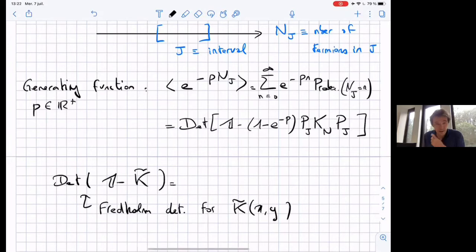Now, the way you define it is just a generalization of the determinant to a kind of infinite matrix. So the way you do that, you usually exponentiate it. You say that it's exponential of the log of the determinant, and then the log of the determinant is the trace of the log. And then you can just expand it, and that gives you an explicit formula, which I write for you here.